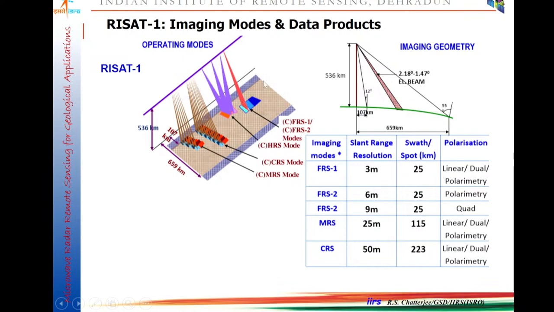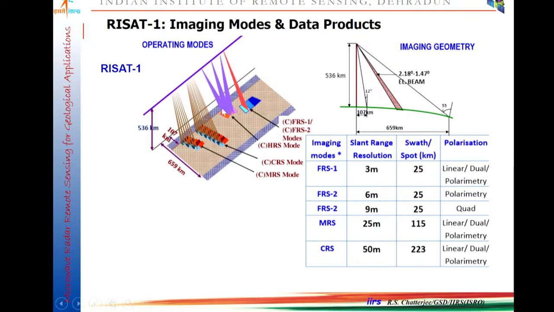One is spotlight mode, another is strip map mode, another is scanner mode. So broadly 3 categories, but again in scanner mode there are different kinds of advancements happening, from scanner to TOPSAR. Now in case of NISAR, from scanner to SweepSAR, so more improved scanner modes are available nowadays.